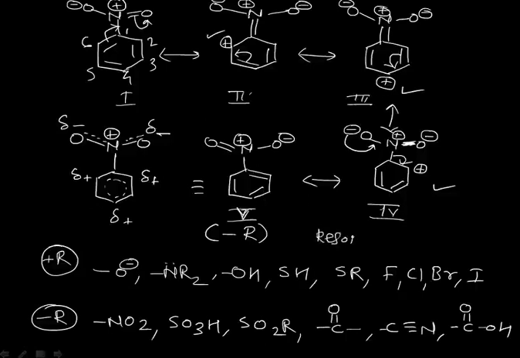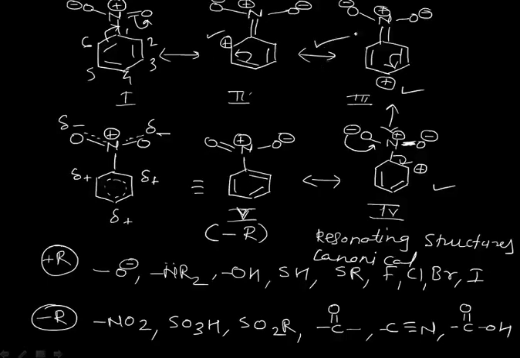Those are different resonating structures or canonical structures or canonical forms, and this arrow is put in between every structure.